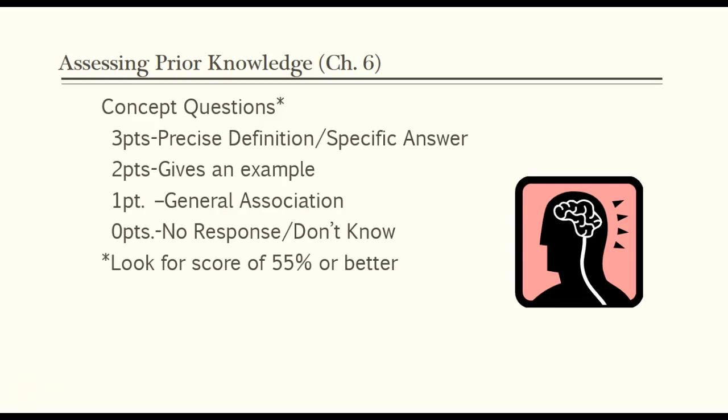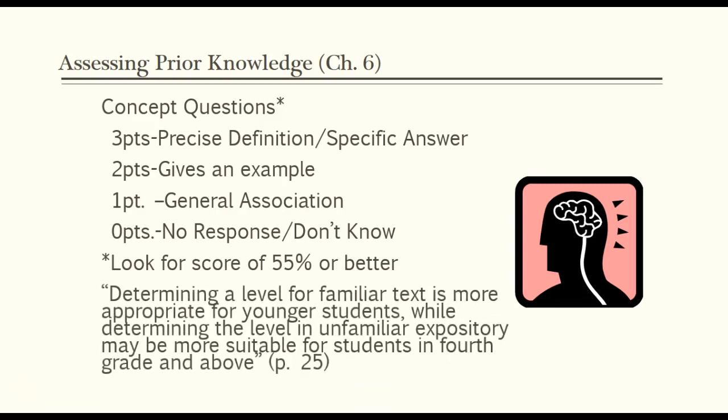It's best to find a familiar passage initially, because the narrative familiar passage is going to be the best indicator of their highest instructional level, whereas an unfamiliar expository passage is typically the one that's going to be their lowest instructional level. So you want to start by finding a familiar narrative passage that they can do well, and that is stated on page 25 that you'll read this week.